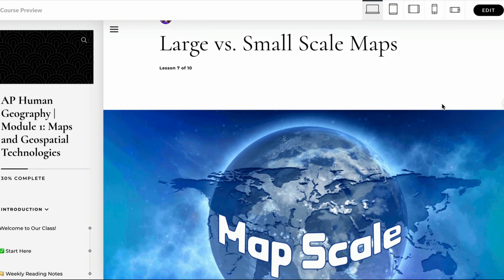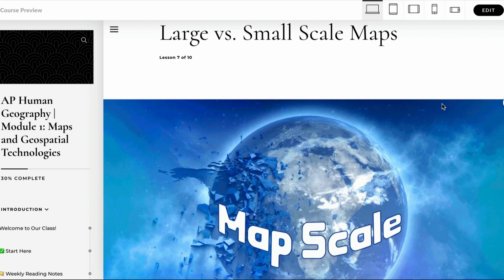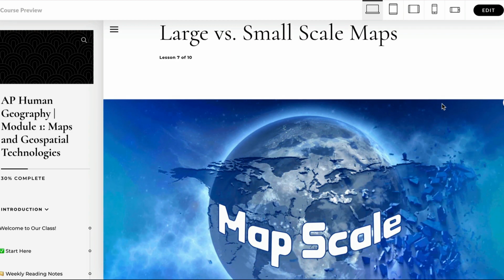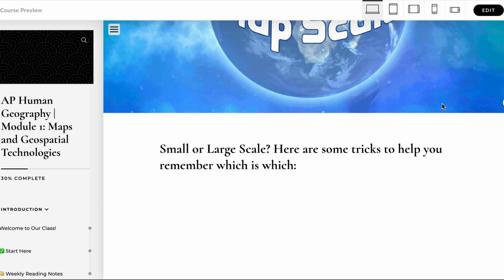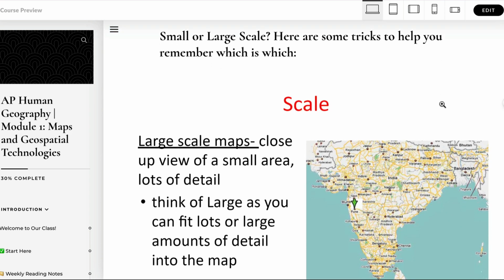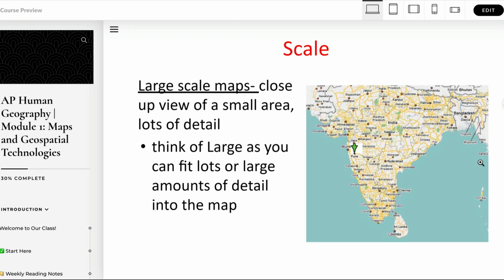Another very important concept is being able to tell the difference between large and small scale maps. A little trick you can use, even though it's not really grammatically correct, is to think of a large scale map as one where you can fit large amounts of detail.